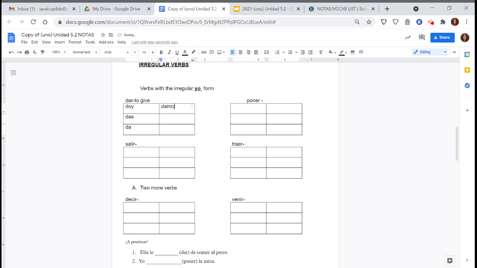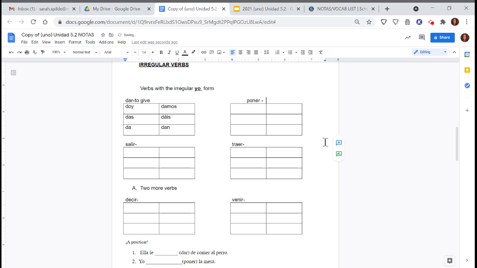Nosotros, take off the ending, add amos, so we have damos, dais, and dan. So with yo, it's not just the o ending, we have doy as I give, and then the rest of the verb just uses those as, amos, ais, an endings.